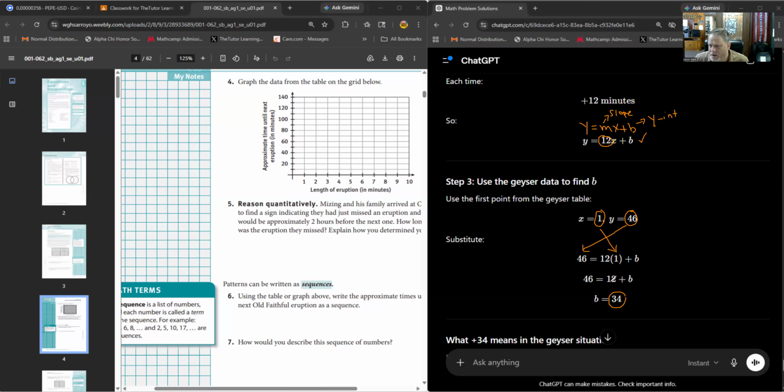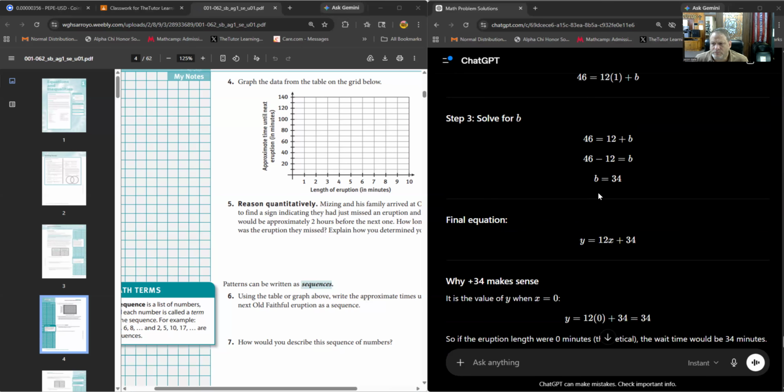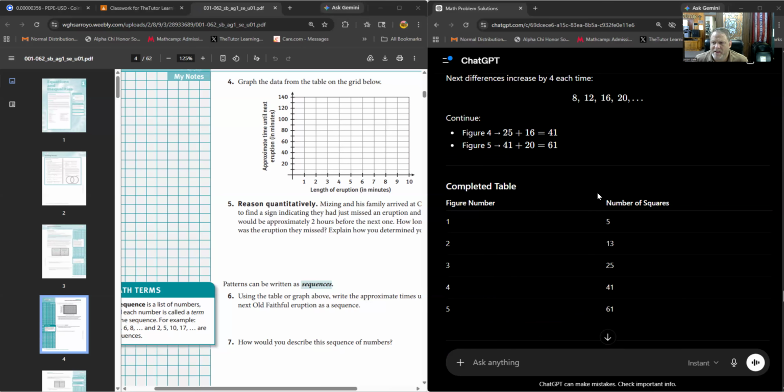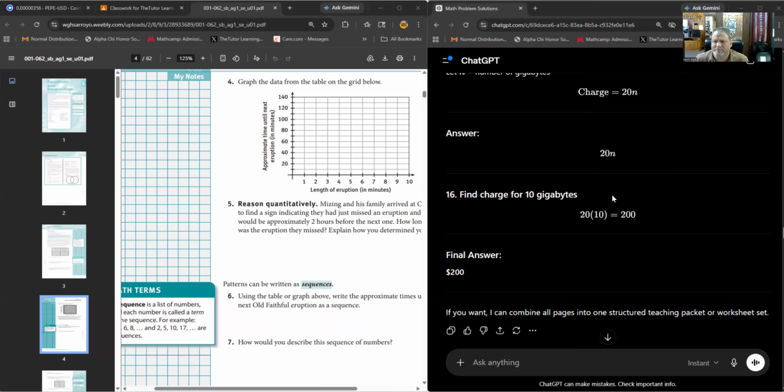All right. So we did minus and minus 12, right? Cancel, cancel. So B equals 34, right? Okay. So that's how we got our 34. Let's go back up.